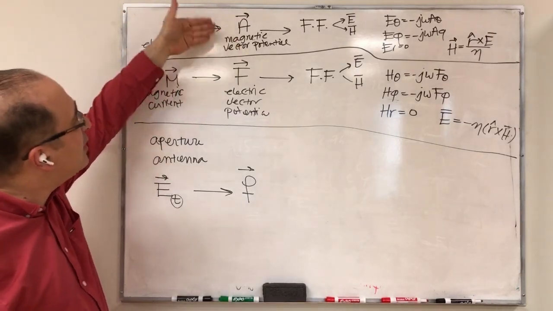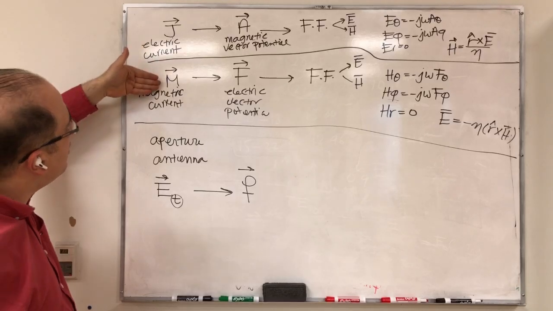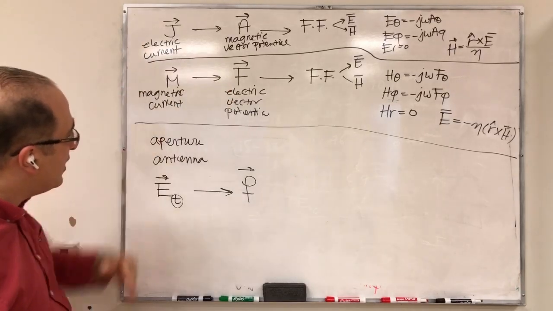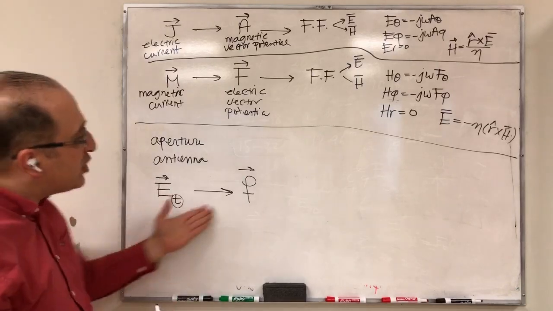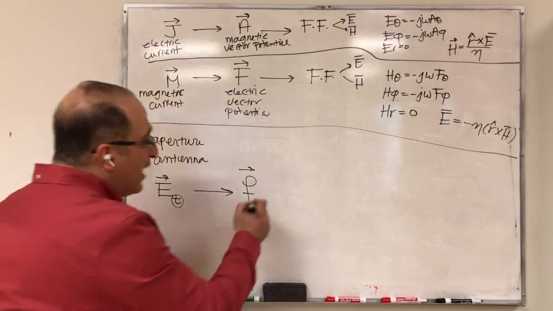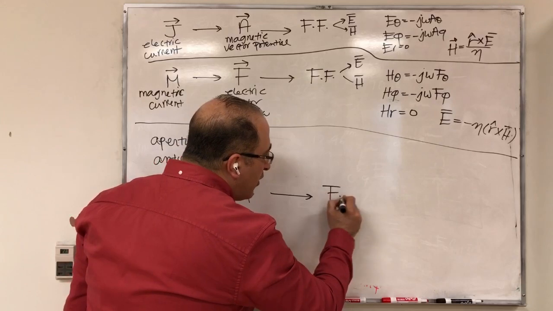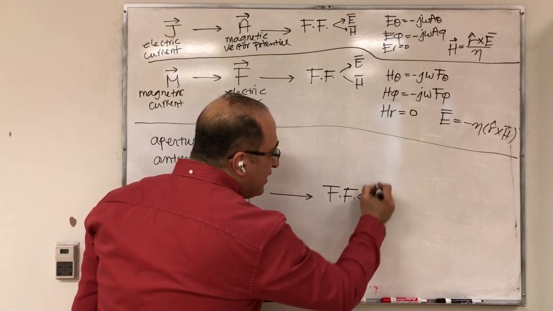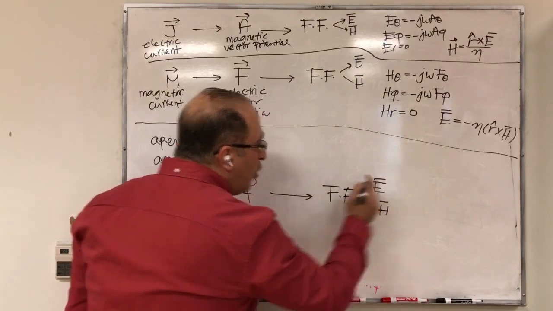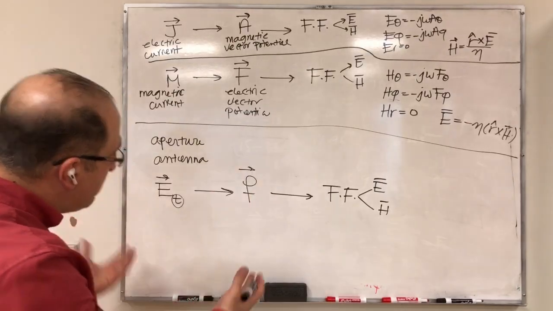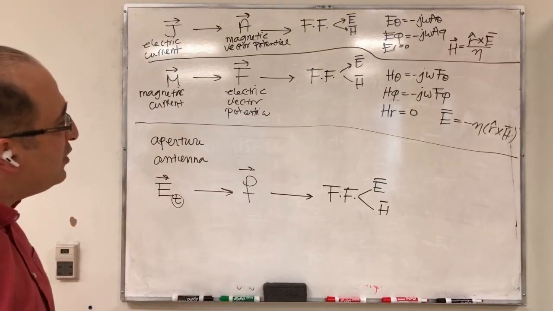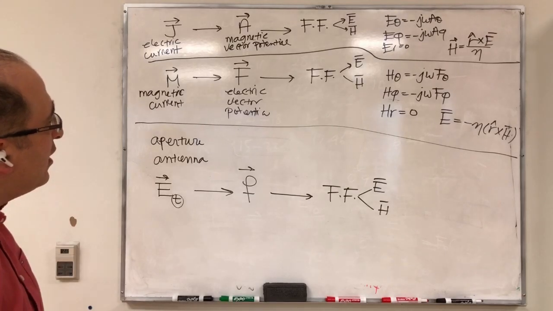In this case, we call it magnetic vector potential. Here you go from magnetic current to something, and here you go from electric field over the aperture to something new, and from here you go to far field E and H. So almost identical to these three methods. So these are the three methods that most of the time we use in antenna engineering.